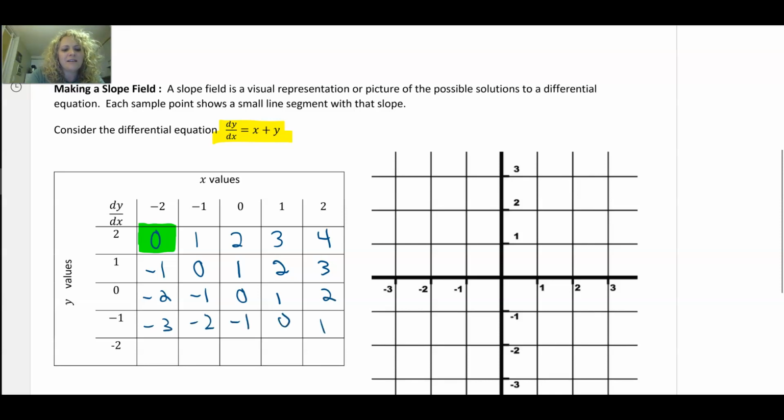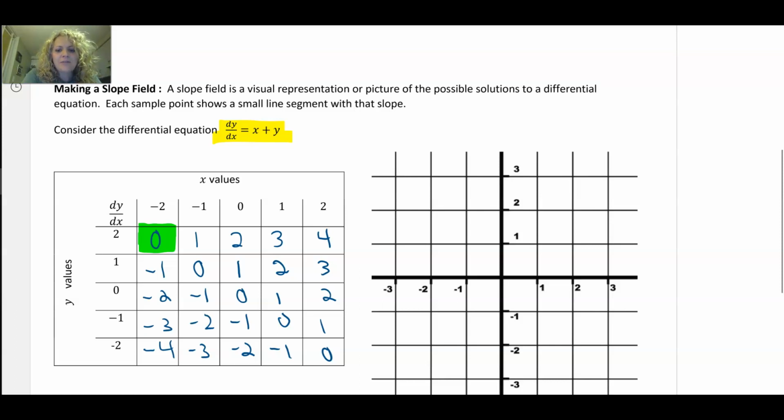And then lastly, -4, -3, -2, -1, and 0. So this table gives us 25 values of dy/dx.